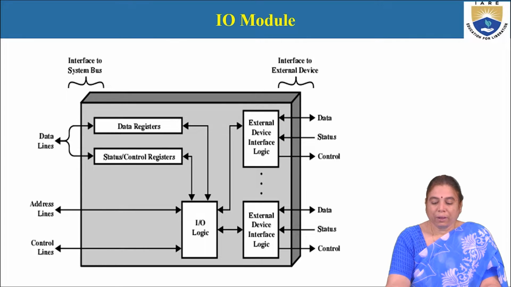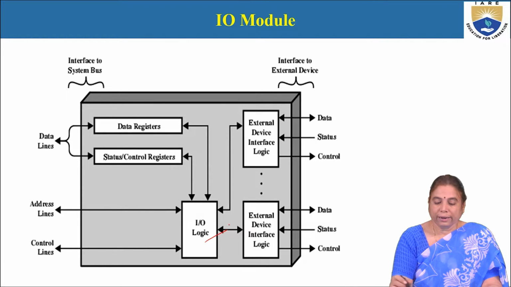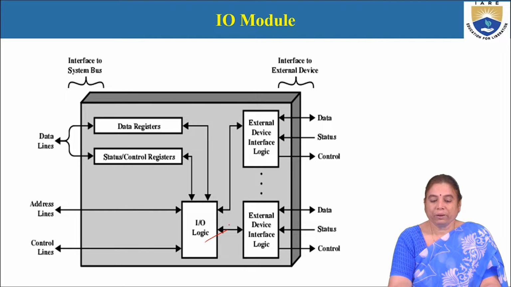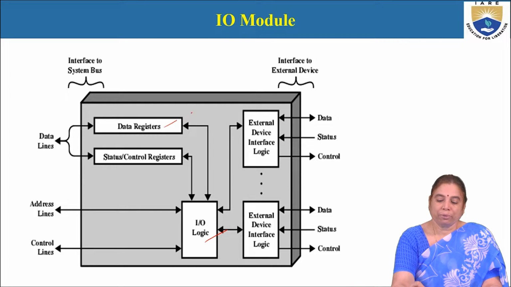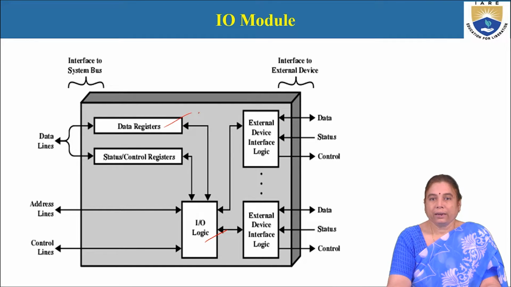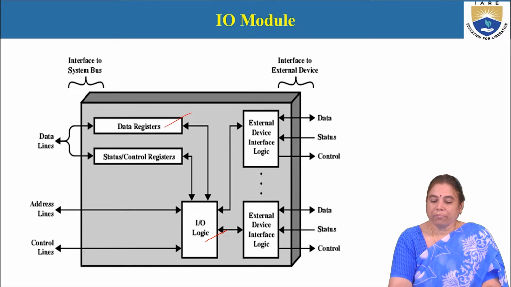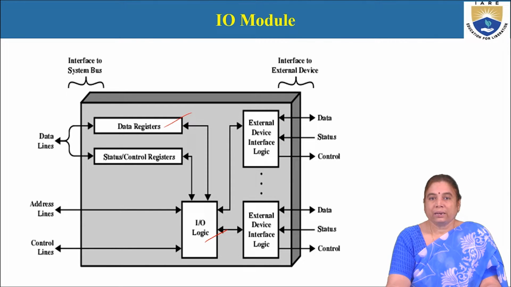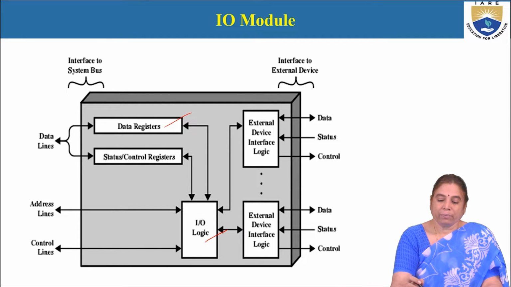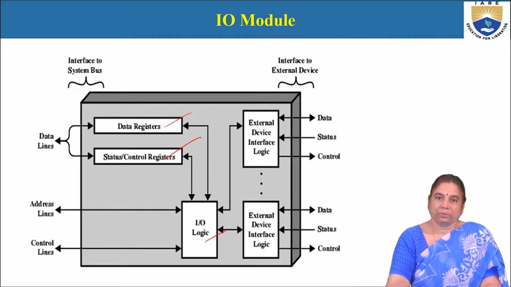With the help of this IO logic, the data transfer can be moved between the data register. The data that is written into the internal memory from the external peripheral devices is first transmitted to the data register. From there it is transmitted to the internal memory. How much data can be transmitted, and whether the data transmission is completed or not, can be tested by using the status or control register.